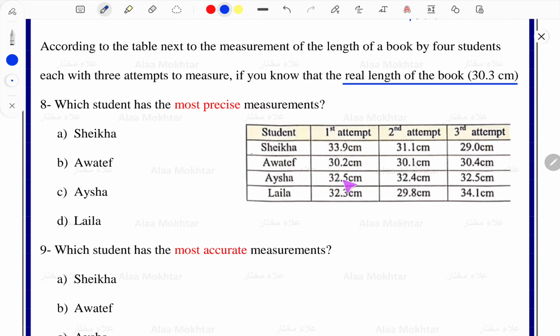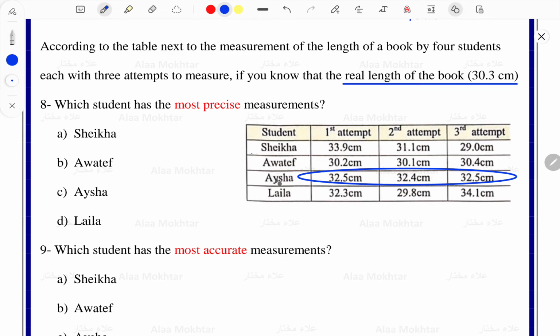Aisha: 32.5, 32.4, 32.5 again. These measurements are very, very close to each other. It's the same number, 32.5, 32.5, 32.4.